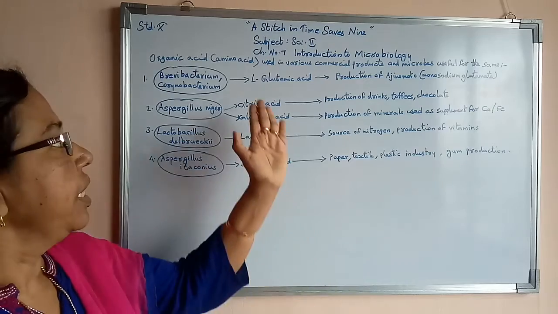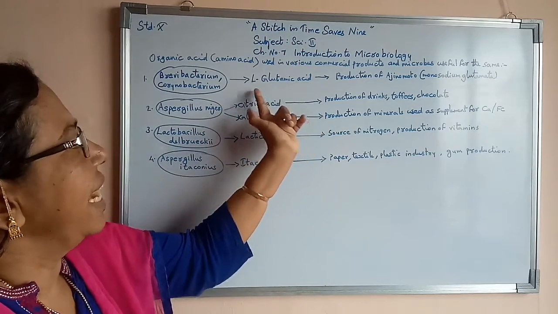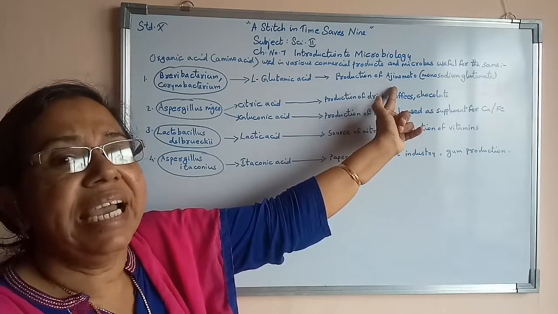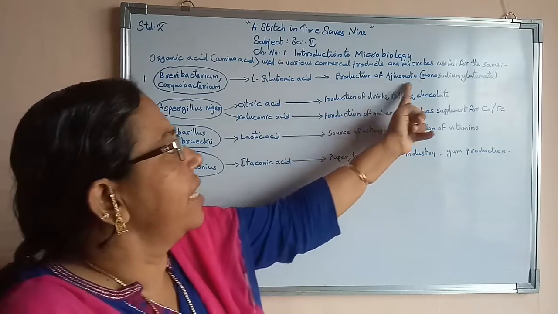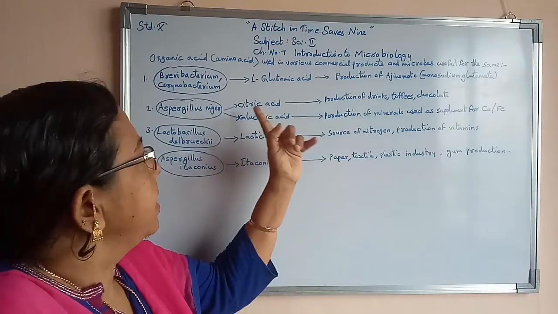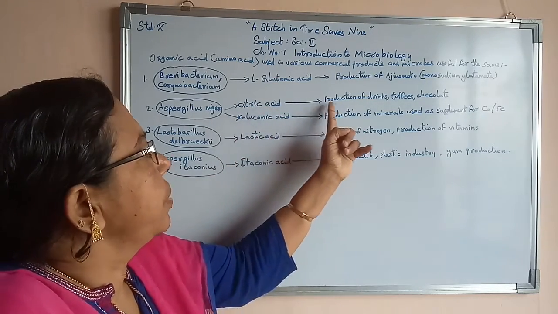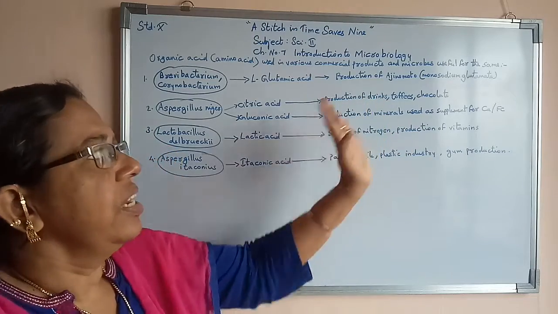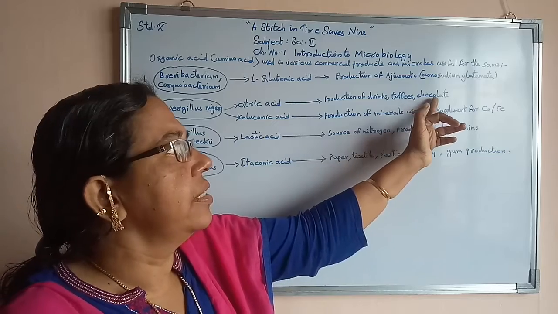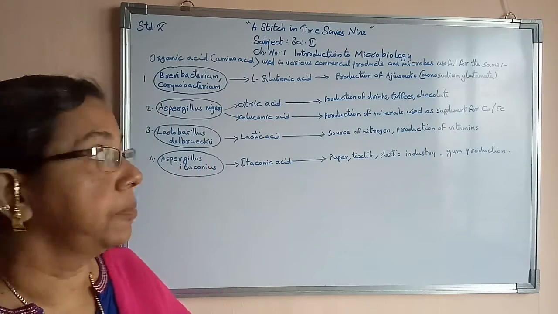Here L-glutamic acid is used for the production of Ajinomoto. Its other name is monosodium glutamate. Second one, citric acid is utilized for the production of various drinks, then toffee making and chocolate making.